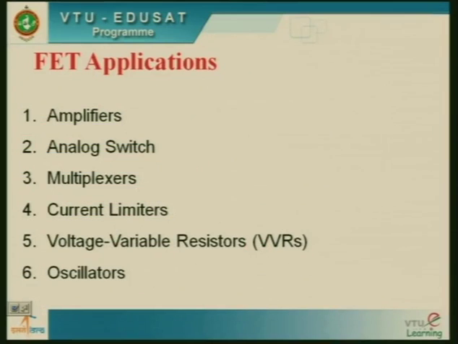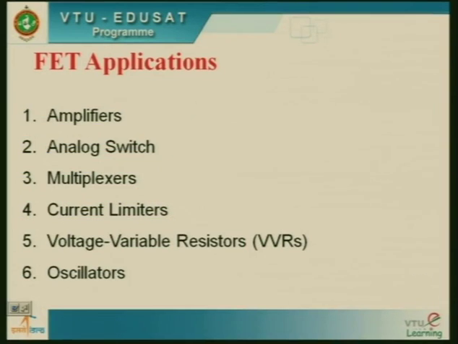So C would stand for complementary metal oxide semiconductor devices, which would mean you have both the P-type as well as the N-type devices. So let's quickly run through what can be the possible application scenarios. We are listing here at least 6 applications which we are going to run through with some sample circuits using JFETs. Which are those?